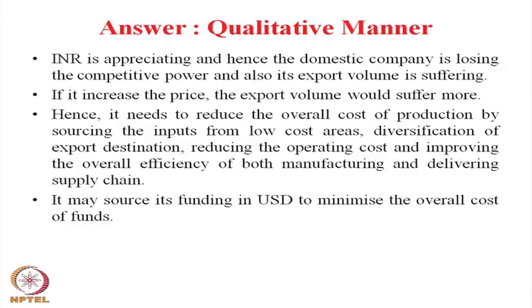Only by reducing the overall cost of production, the company can sell the product at the cheapest possible price, and at the same time the company can address the problem of operating exposure.